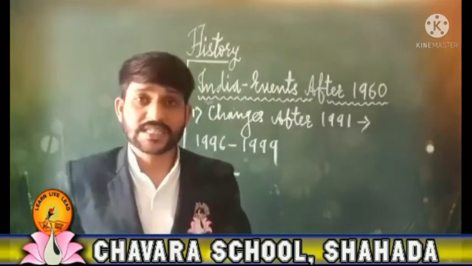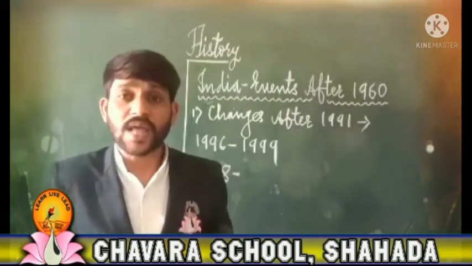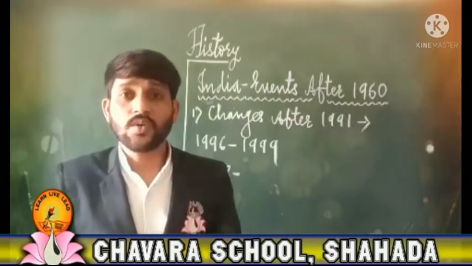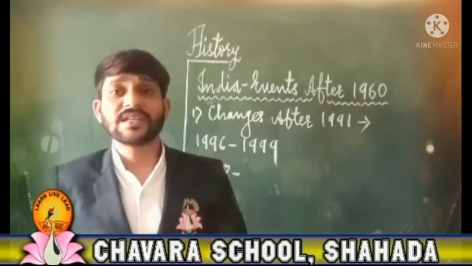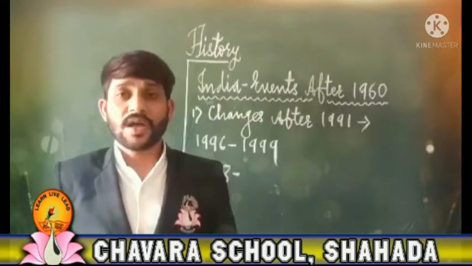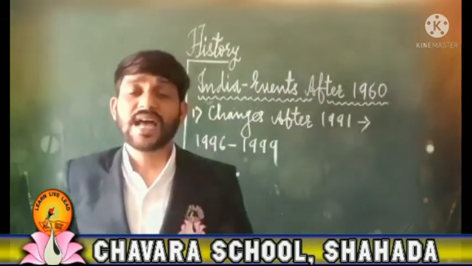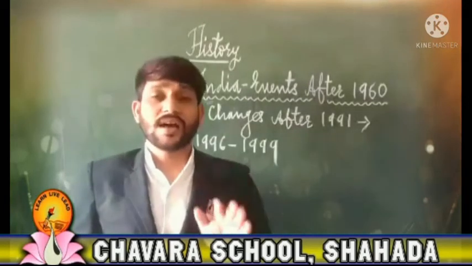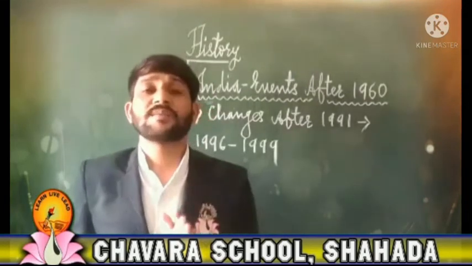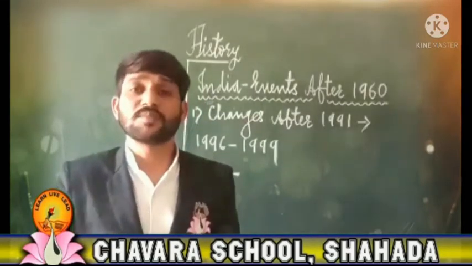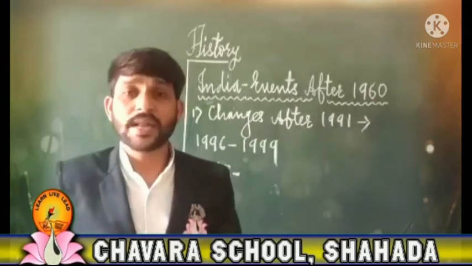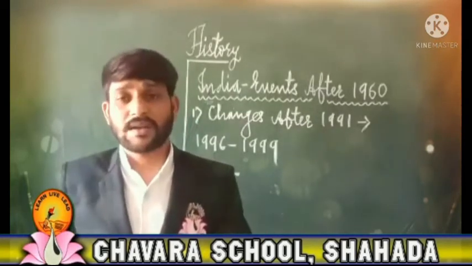We showed our capacity and ability to prove that yes, we are also self-sufficient and self-reliant in atomic power. Next, in the year 1999, there was another war between India and Pakistan in the Kargil region over the Kashmir issue. In this war, India defeated Pakistan.